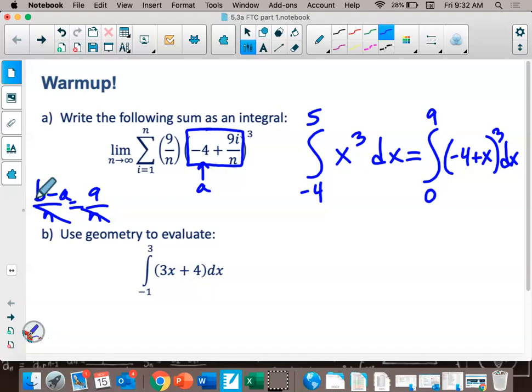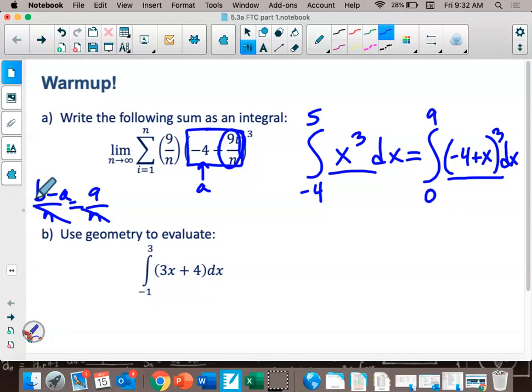What are you plugging it into? -4 plus x, quantity cubed. And you end up with the exact same integral. It's the same space, because this function is just this function shifted 4 places to the right. So if you shift your limits 4 places to the right to adjust, you end up with the exact same area.